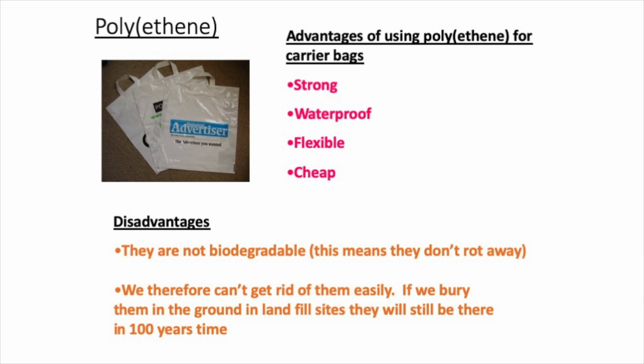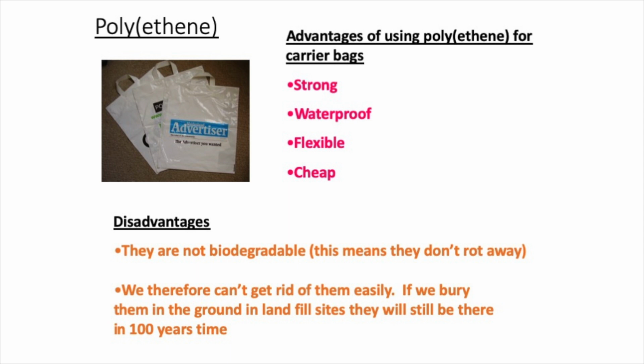However, it does have disadvantages and major disadvantages. For example, polyethene, like most plastics, is not biodegradable. This means it doesn't rot away. And therefore, if you put it in a landfill site and try to dispose of it, you would find it would still be there in 100 and 1,000 years' time.